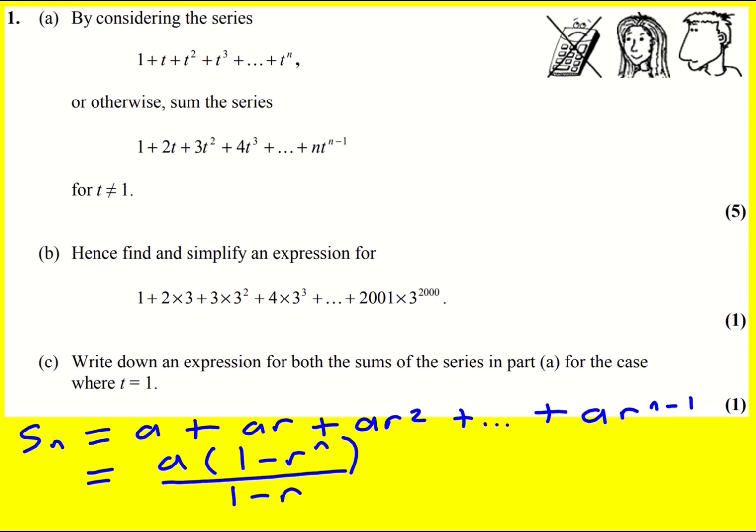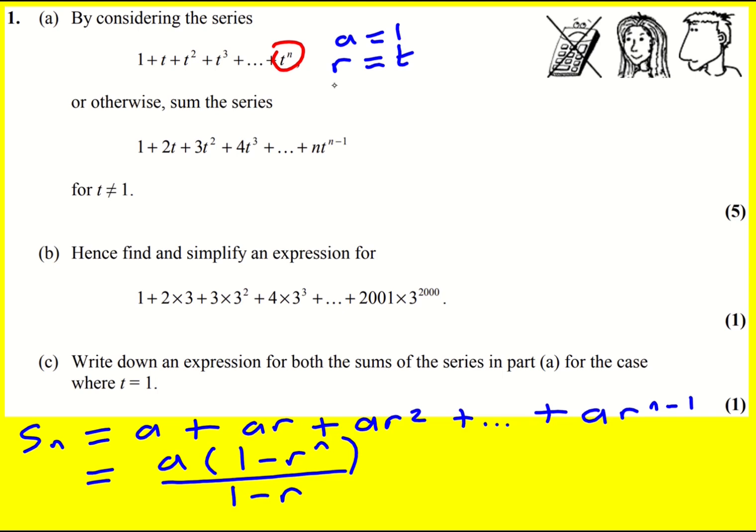In our case, we have a very similar thing going on, but a is going to be 1, r is then going to be t, but we're not quite done because the sequence is slightly different because we don't have t to the n minus 1, we actually have t to the n.